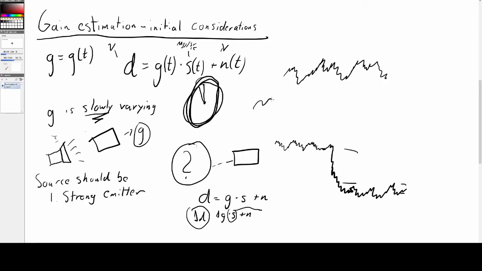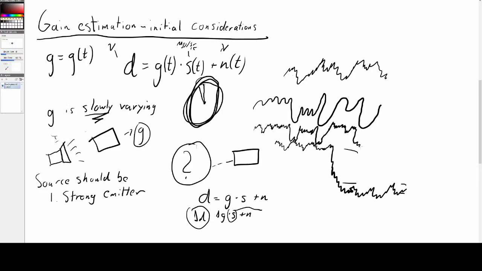So for example, if we had a source that behaved like this, and we saw that exact pattern in the data, of course with noise fluctuations on top, this would still be a very strong signal compared to the noise on top.